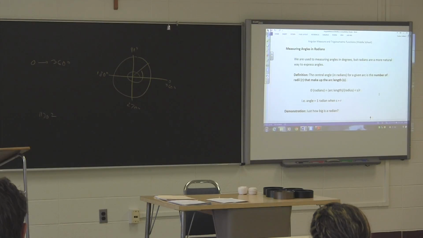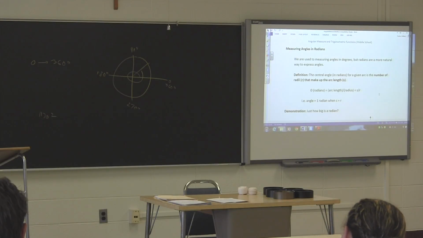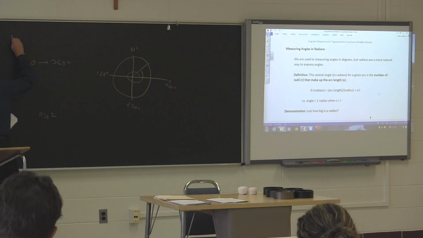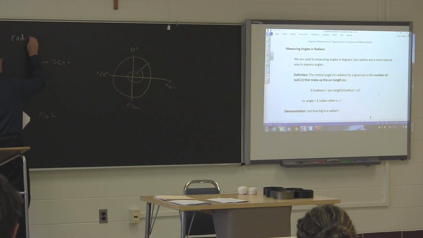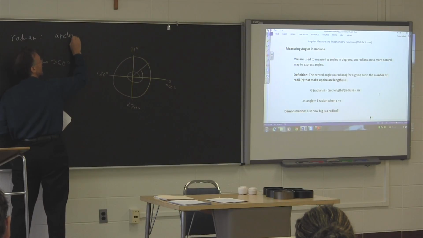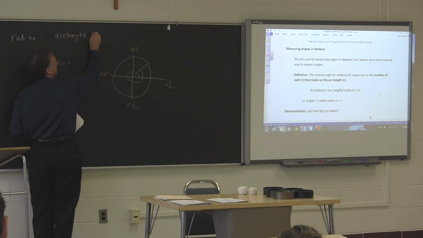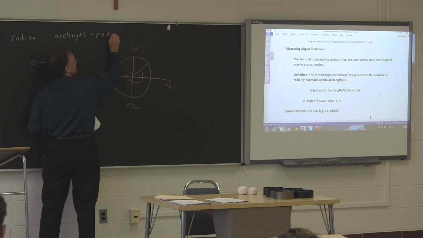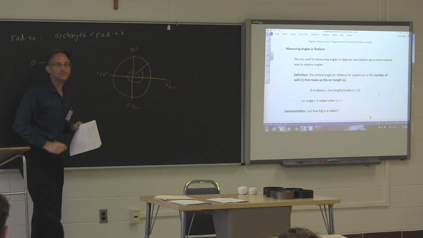The radian is an angle measure in which the arc length is equal to the radius. So the arc length of the radian is equal to the radius of the circle.